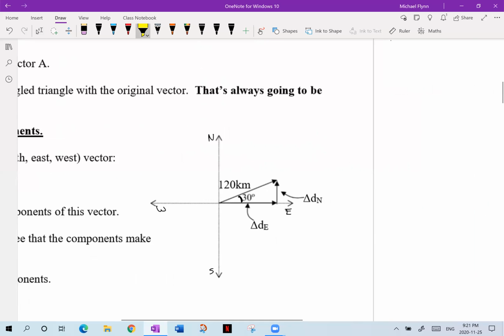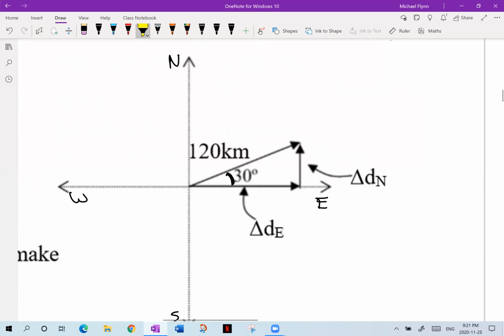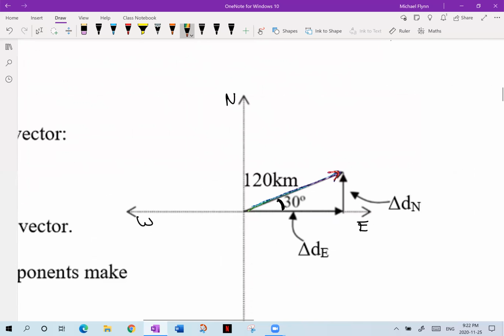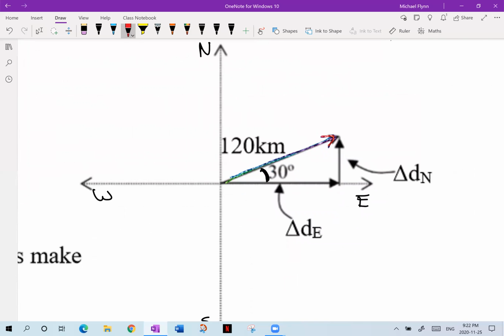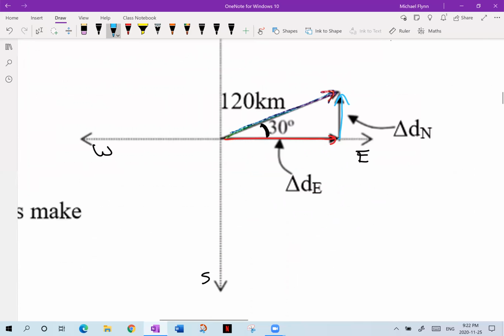So we're going to construct the picture here, and I'll use the rainbow color. That 120 is my hypotenuse, right? So here's my hypotenuse. That's the original vector. But like in the diagram above, I'll try to use the same colors. That corresponds to a certain distance east and a certain distance north, okay? So how far east are we going here?